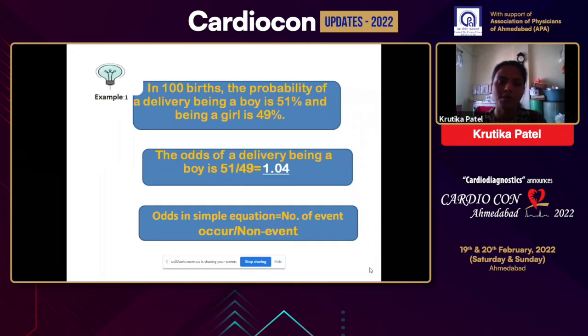In example 1, in 100 births, the probability of delivering a boy is 51% and a girl is 49%. The odds of a delivery being a boy is 51 upon 49, equal to 1.04. This is our odds. Odds in a simple equation is the number of events occurring upon non-events.